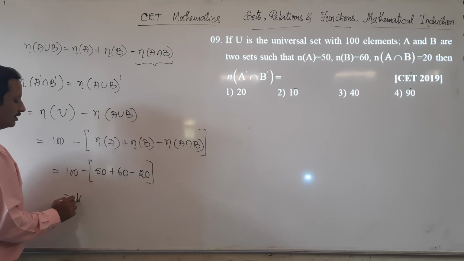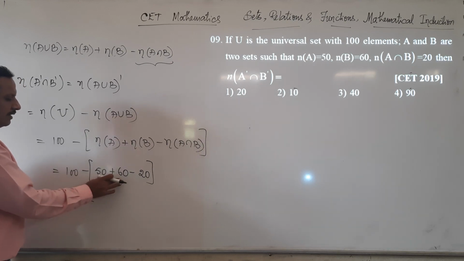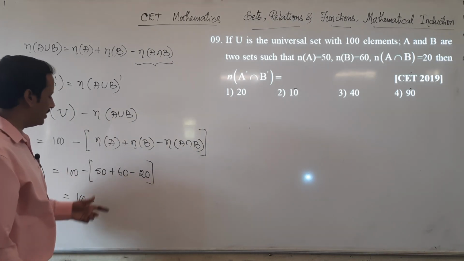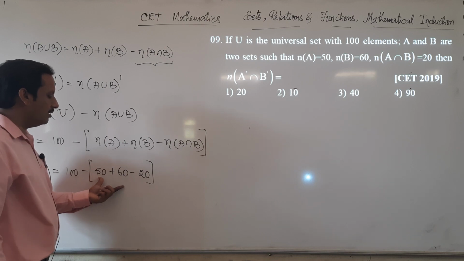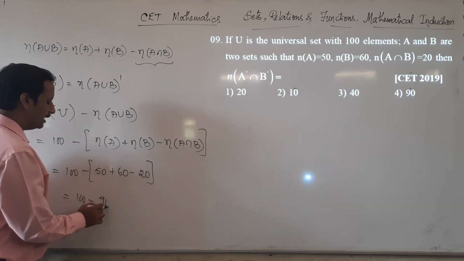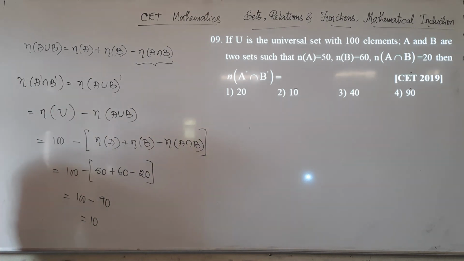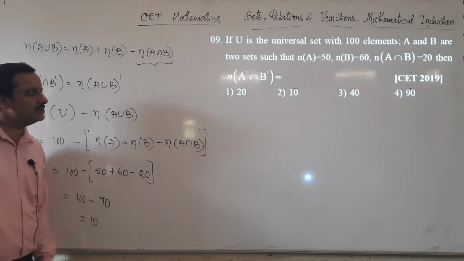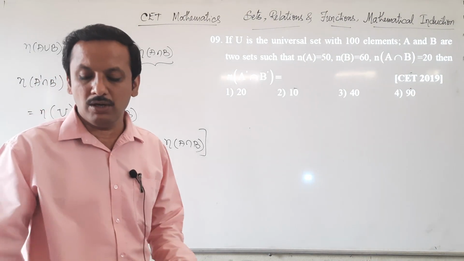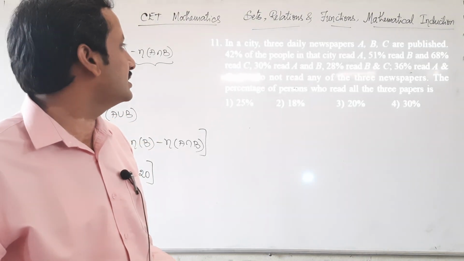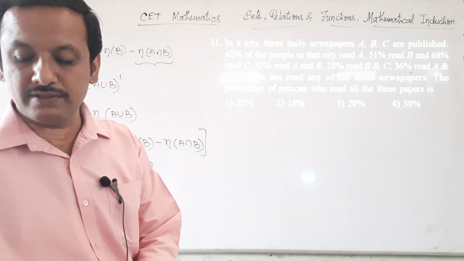So that's equal to 100 minus, here 110 minus 20, which is 90. That's equal to 10. So 10 is the correct answer, which is the second option. Let's have a look at the next question.